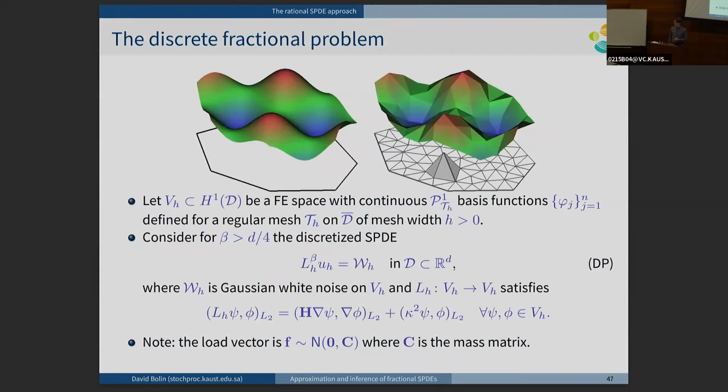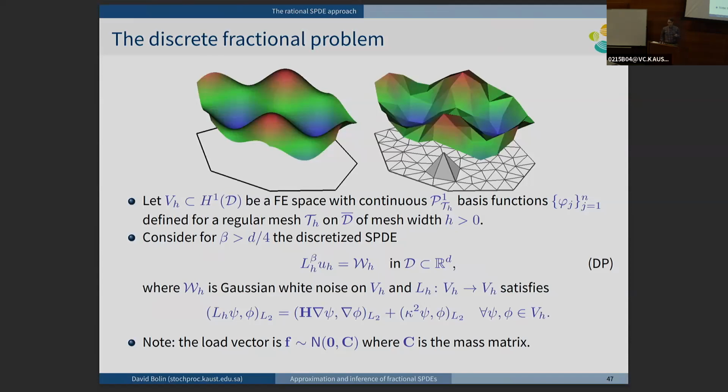Can I ask you a question? Yes. So you said beta there is larger than d divided by 4, right? Yeah. So why do you then take the V_h just including H1? Couldn't you need more regularity out of this V_h space? Right. So it might be, yeah, that's a good point.